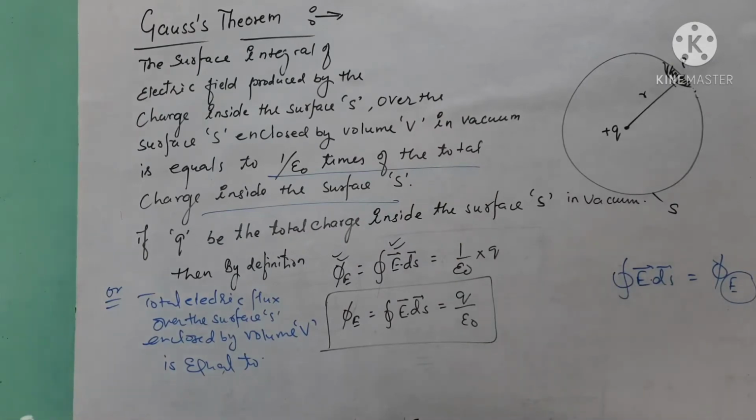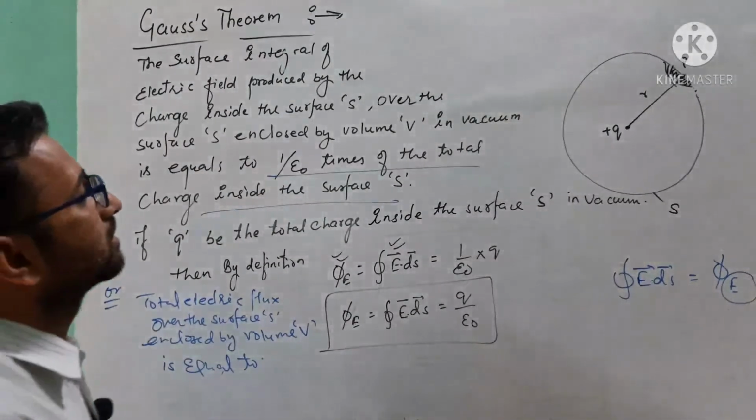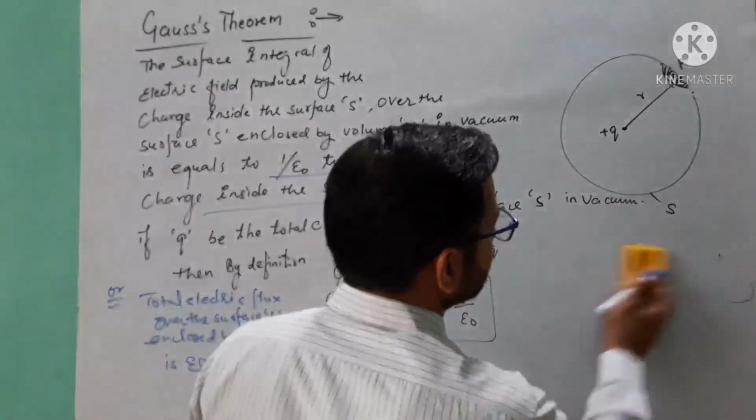So this is one more definition of our Gauss theorem. And after the Gauss theorem, the surface which I am considering is known as a Gaussian surface.